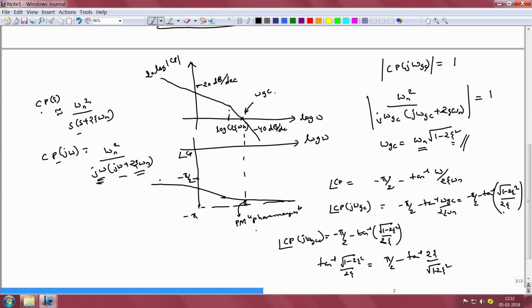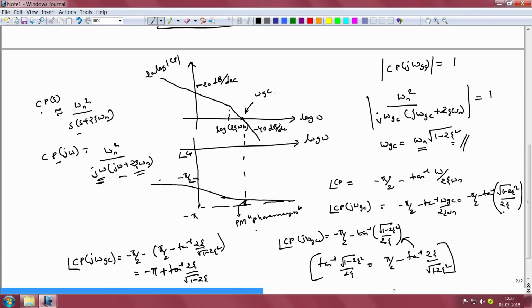This is a standard identity from trigonometry that I am employing, and if I plug this identity into this equation, I would have the angle of C P at j omega gc equal to minus pi by 2 minus pi by 2 minus tan inverse of 2 zeta by square root of 1 minus 2 zeta square, and that is equal to minus pi plus tan inverse of 2 zeta by square root of 1 minus 2 zeta square.